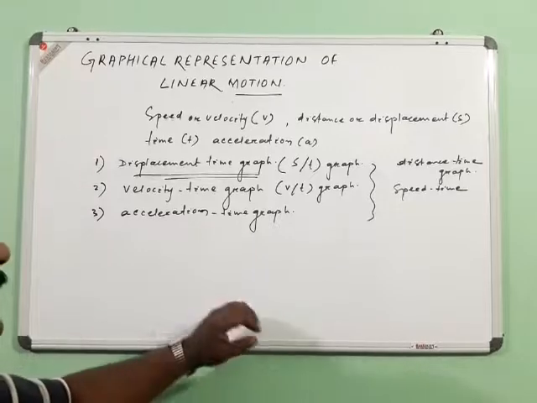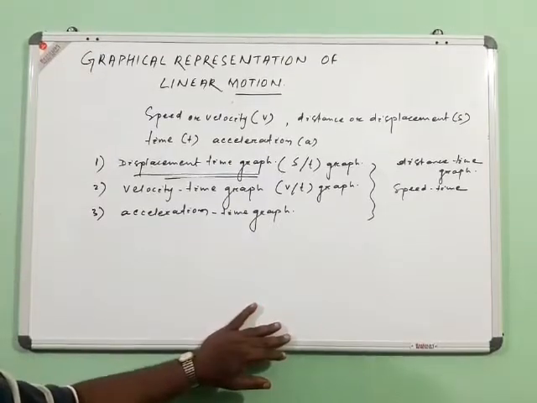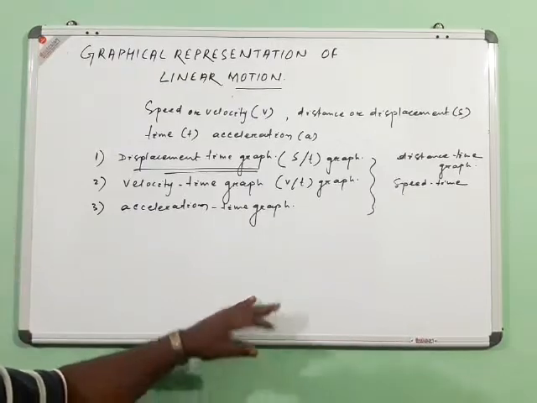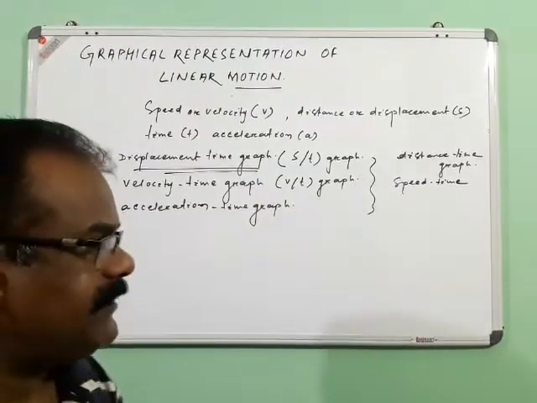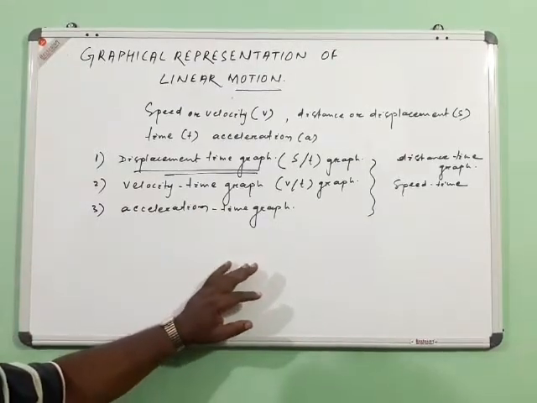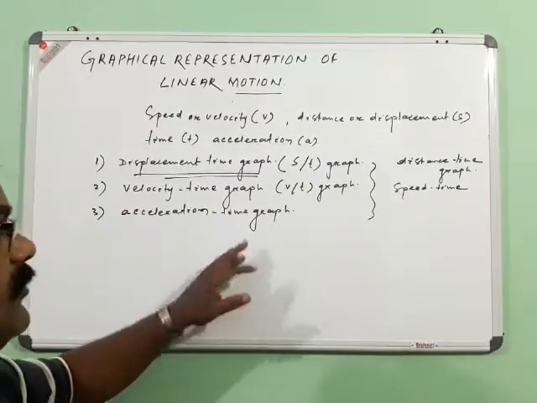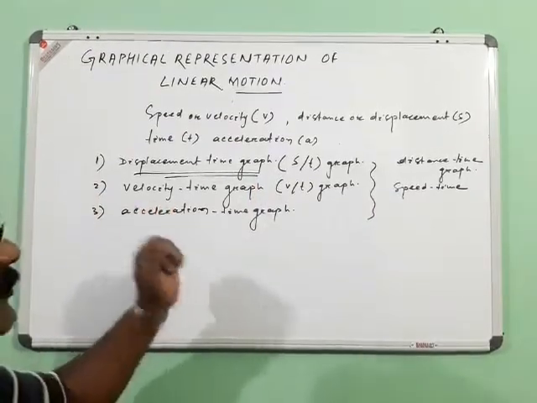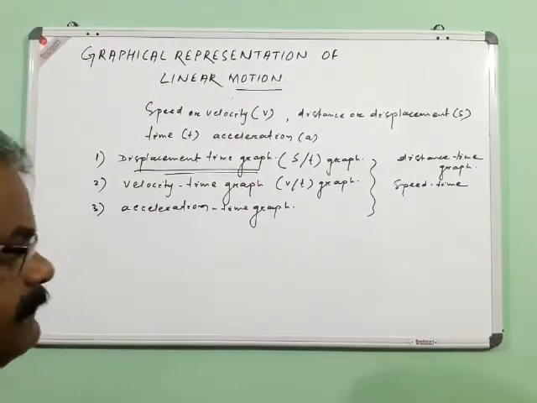Because linear motion means motion of the body in one particular direction. So that is why all these have the same meaning. I hope you are not confused over the displacement time graph and distance time graph, or velocity time graph and speed time graph.